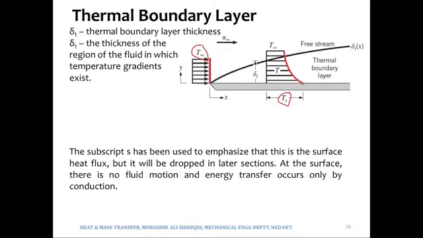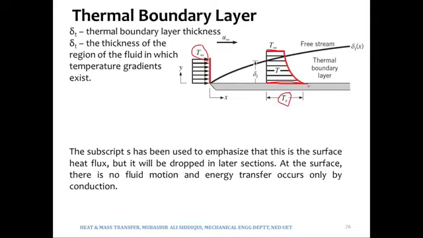The temperatures are higher near the plate, and then the temperature reduces to T infinity, because the length of the line is more in this region and smaller in this region. It means that T is decreasing from a higher value to a lower value.